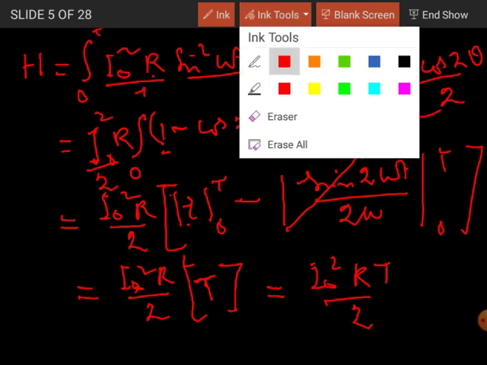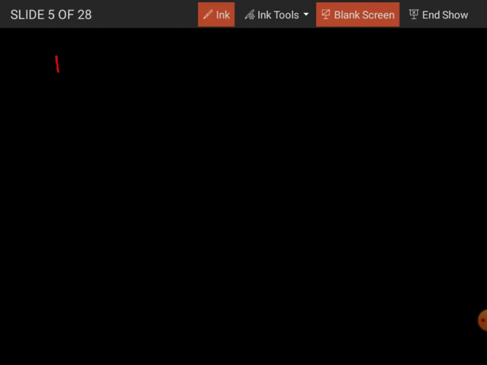Let's see again. Just remember that h is equal to I naught square RT divided by 2. Let me put it that h is equal to I naught square RT divided by 2. Was it this? Yes, no?